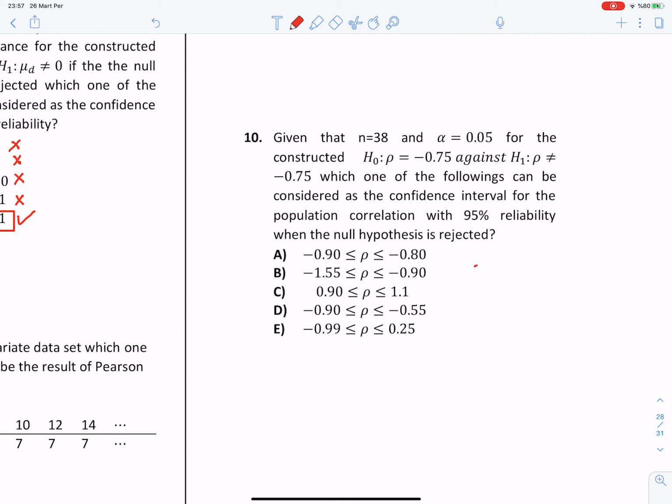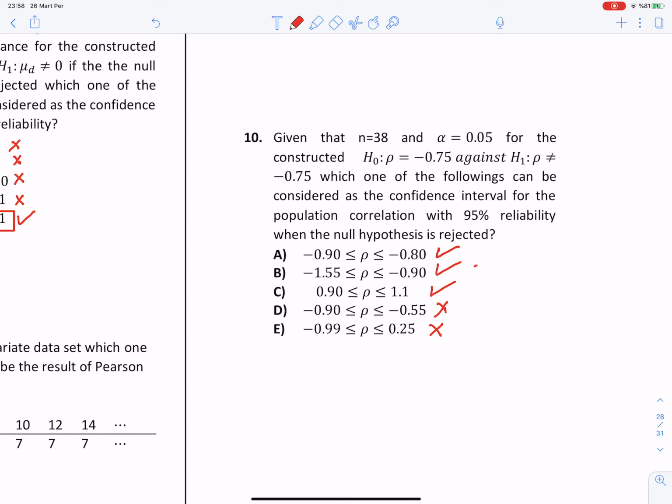If we are rejecting the null hypothesis, this confidence interval is correct. The next one also does not include minus 0.75, fine, and this one does not include it either. The next one is including minus 0.75, and this one is also including minus 0.75.